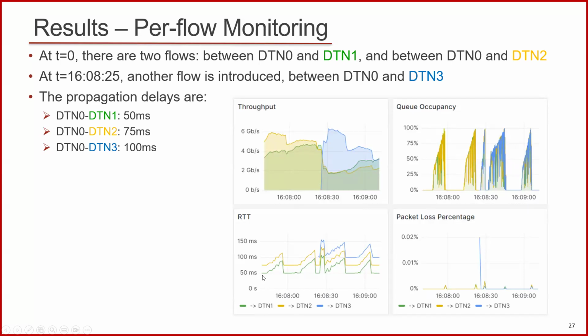It is important to see how the RTT increases as the queue occupancy increases. The queue is set to hold at most around 50 milliseconds of traffic, so as the queue builds up, the RTT increases because of the queuing delay of the router.